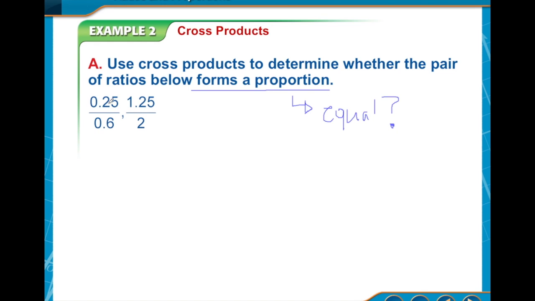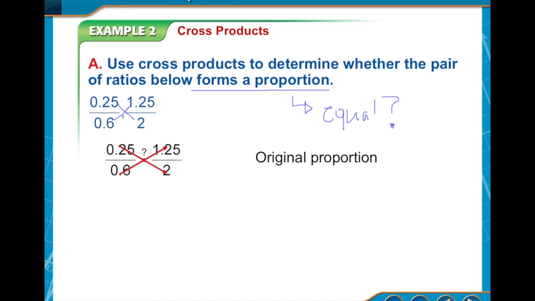Okay? So to know if these two are equal, we'll want to take the cross product of these two things. So 0.25 times 2, 0.6 times 1.25. If we do that, we can rewrite it as a product on the left and a product on the right of our equation. We'll see if it is indeed equal, and if it is, we know that they would be a proportion. So we take what we're given, we'll multiply across.